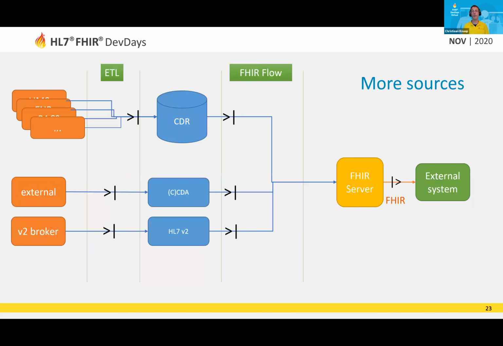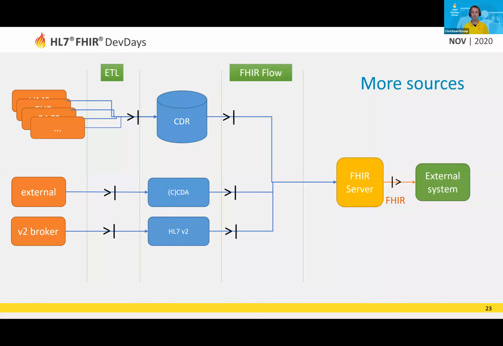So now we add some more sources, and it becomes more difficult. So we have an external system that provides us with CDA documents. We have a V2 broker that provides us with V2 messages. And they all need to go to that FHIR server to be published to the external systems that want to use that FHIR data.